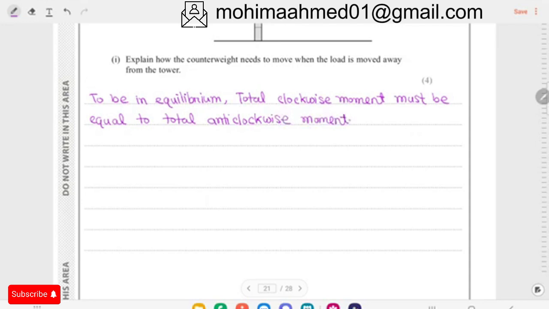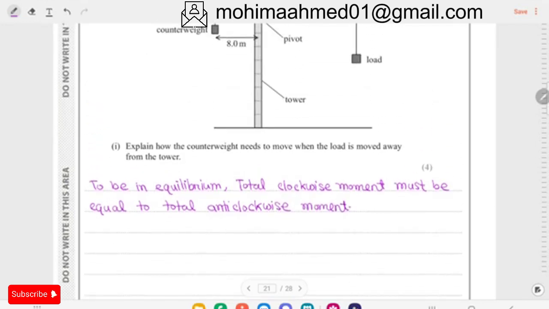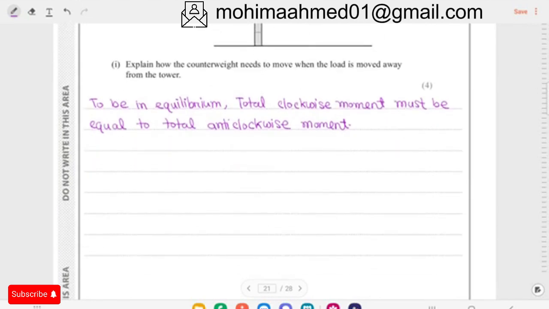Clockwise moment. In this example, the total clockwise moment is due to the counterweight.